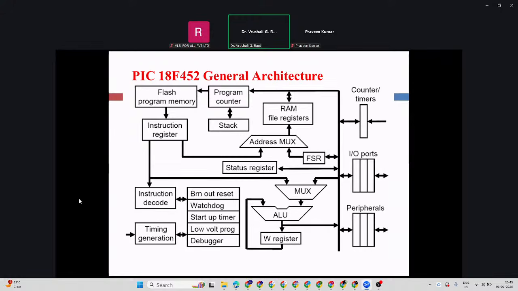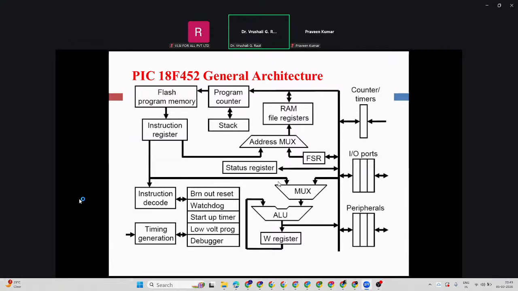Okay. Any name missing? Stack we have seen, RAM and file register we have seen, and everywhere try to understand that muxes are there, which have the chance of selecting either from the output or from the input. Here also a mux is there, which is in conjunction with the ALU.